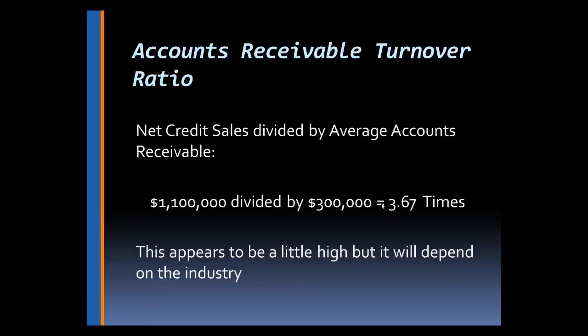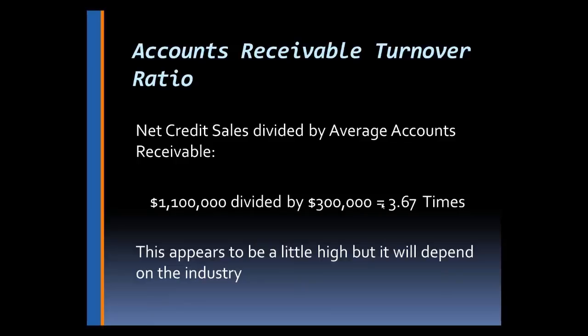This appears to be a little high, which means that on the average, we turn our accounts receivable over about every 50 days or so. Quite often, companies like to have this at least as fast as 4 times or maybe even 5 times a year.